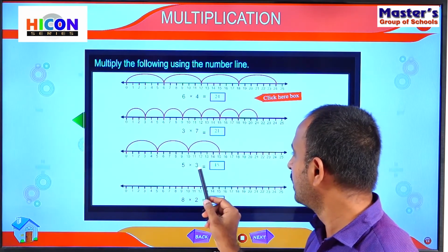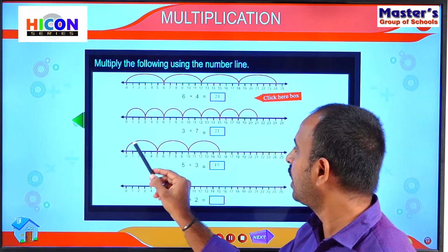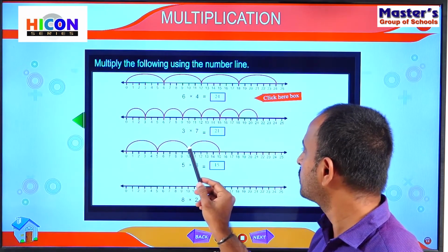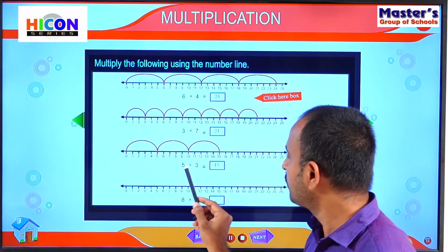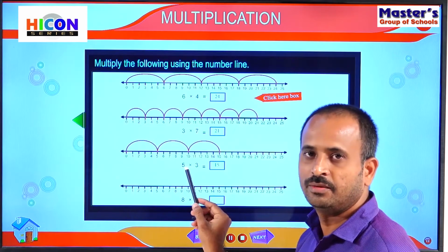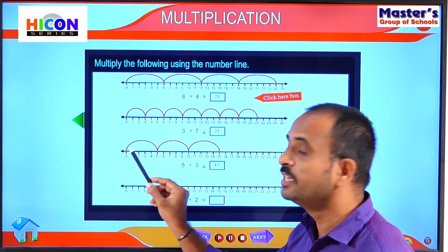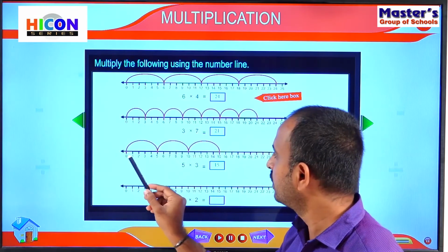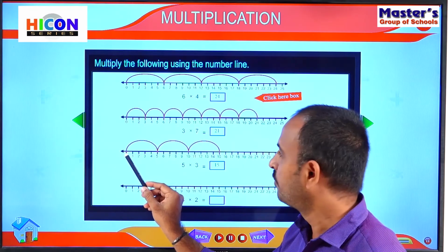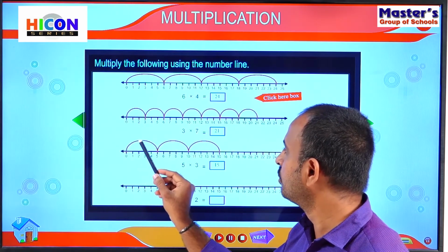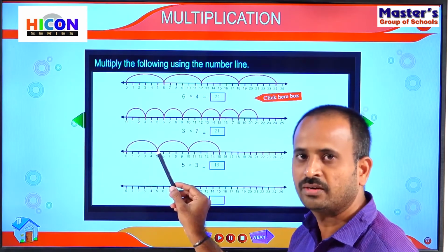Here the second number is 3, that's why we have to move 3 steps on the number line. And what is the first number here? 5. That means we have to cross 5 numbers in each step. So cross 5 from 0, that is 0 to 5. It is step 1.